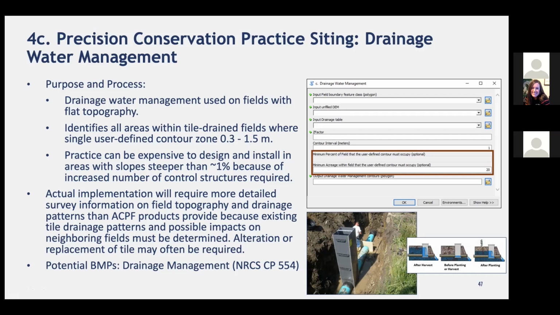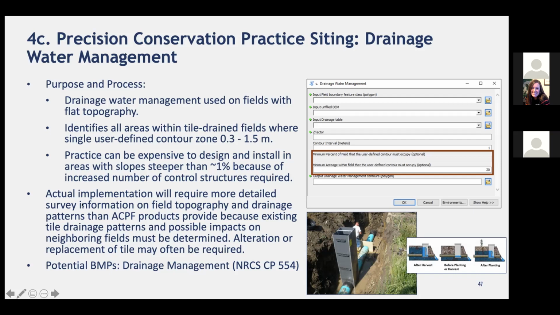The more you move toward that 1.5 meter, the greater the likelihood that you may need more gate or control structures. And then the user can also decide whether they would like to consider the minimum percent of the field that a defined contour must occupy, or the minimum acreage. And then the output is drainage water management contours, which are going to show basically zones of a field where this practice might be suitable.